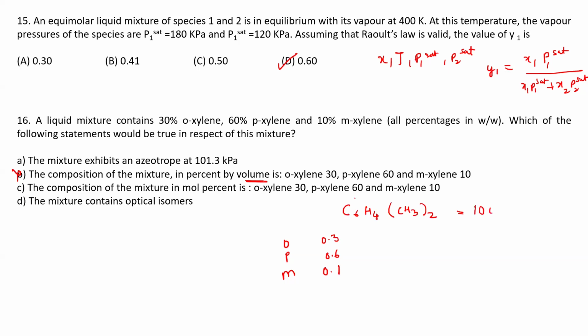So assume it's a 100 kg basis. Then this is 30 kg, 60 kg and 10 kg. How many moles are there now? 100 kg divided by 106 is the total number of moles.